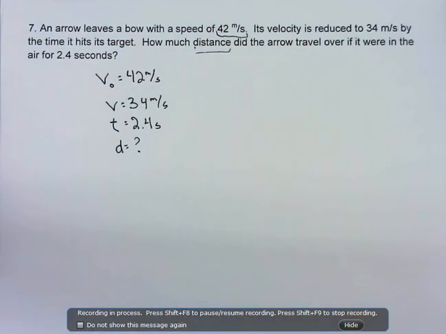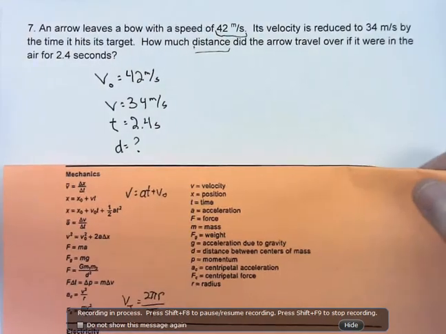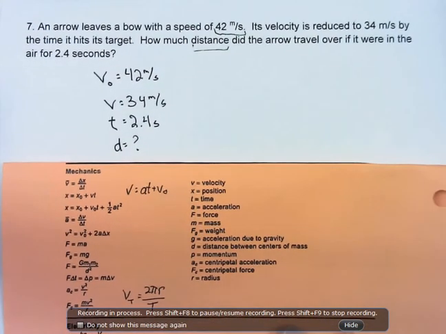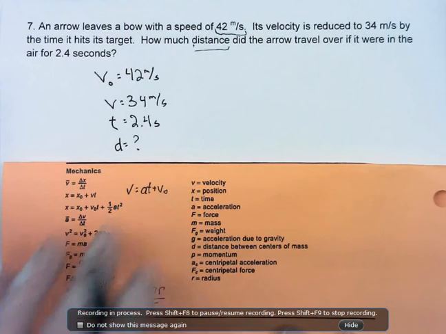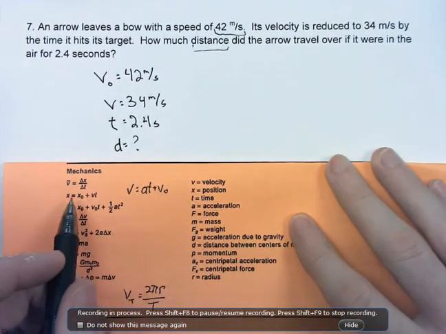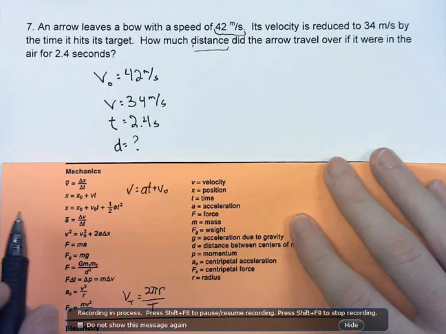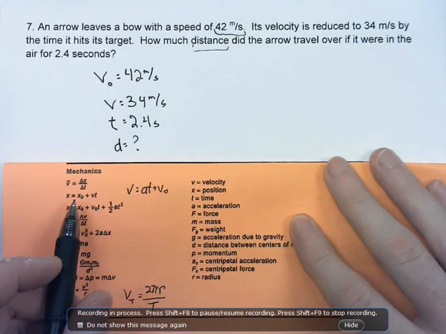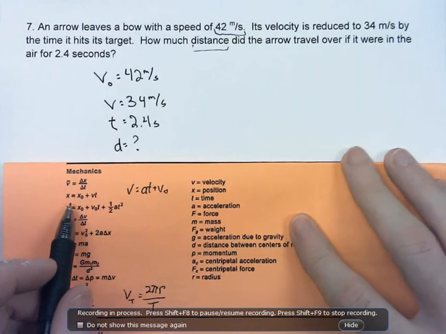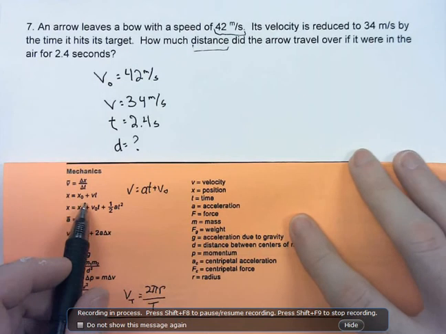Do any of our equations give us enough information, based on what we have in the problem, to find distance? We look at this: v equals delta x over delta t. That's not going to work for distance for us. We look at x is equal to x sub o plus vt.